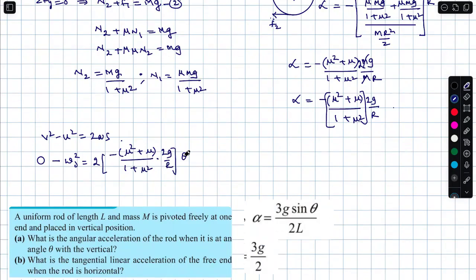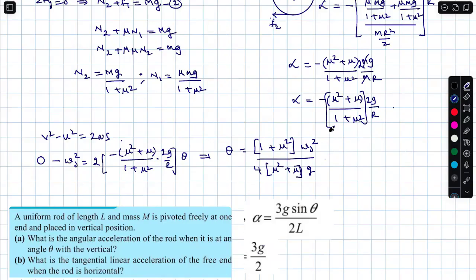Now what I got is theta is equal to 1 plus mu square times omega naught square by 4 times mu square plus mu times g. This is the angular displacement.